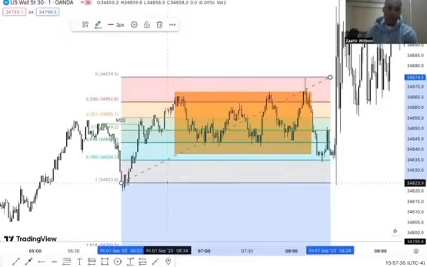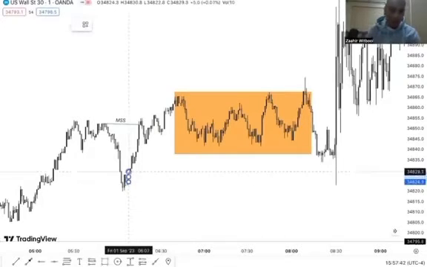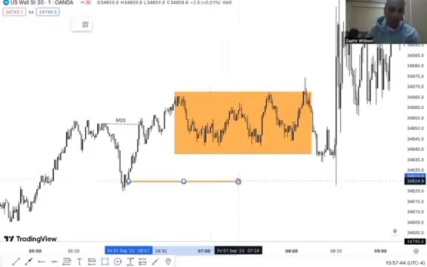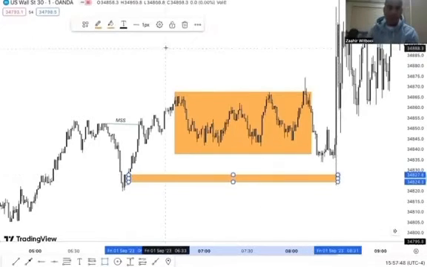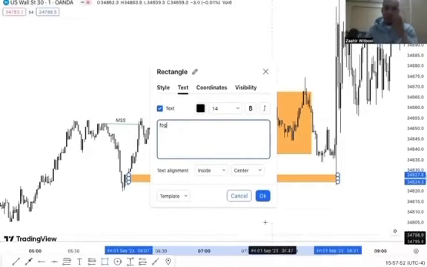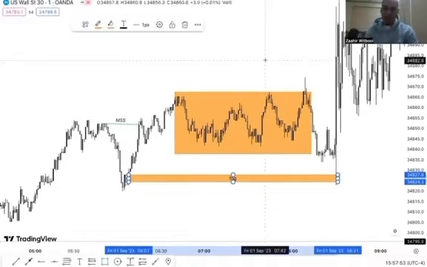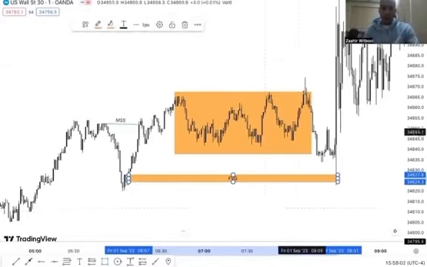I'm going to just move this. I'll take away that Fibonacci tool. Look at this beautiful fair value gap we have on the 1 minute, and this is how I framed my entry. Fair value gap coupled with the 90% fib level.